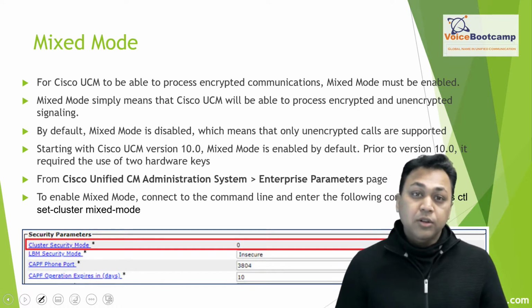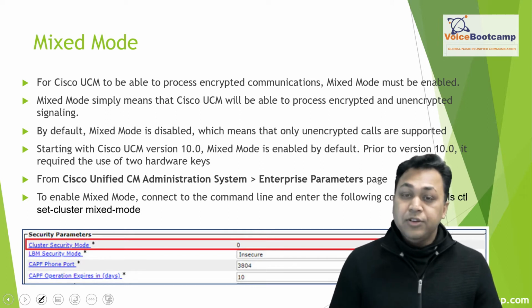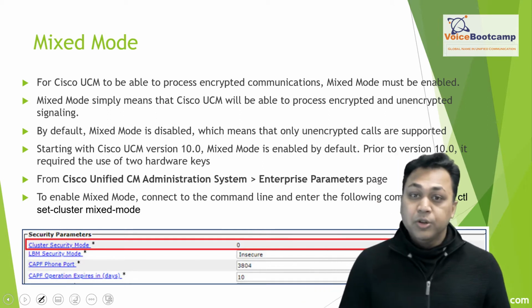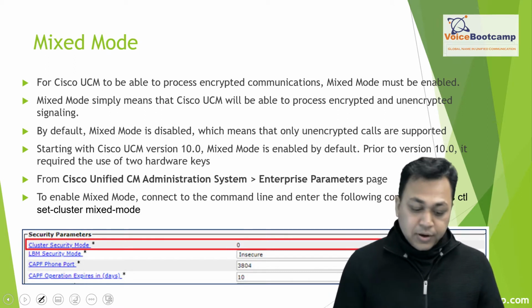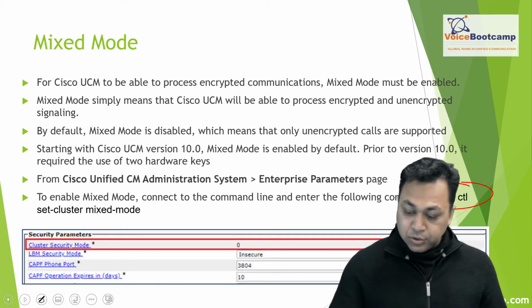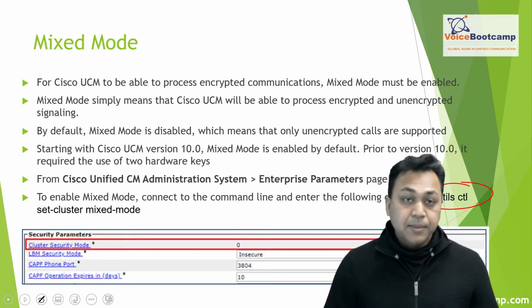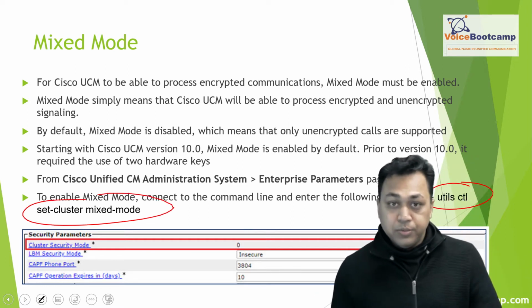Now, to enable mixed mode, you need to go to the enterprise parameter, and you can see that mixed mode is disabled. To enable it, you can connect to the command line and issue the following command. For example, you could issue a command called utils ctl set-cluster mixed-mode. And when you run this command, it will of course have to reboot the system.